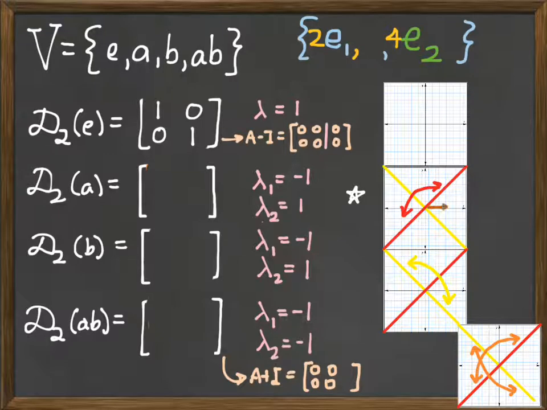So if I take (1, 0) and I reflect it across the line y equals minus x, it ends up at (0, -1). So that's the first column of this matrix. And then if I do the same thing with (0, 1), reflected across this line, it becomes (-1, 0). Oh, so I did have it. Okay, so there's the standard matrix for that reflection.